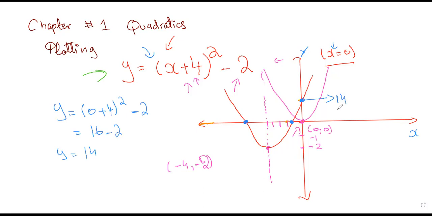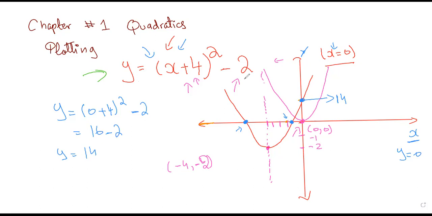This is 14, okay? And when we talk about the other 2 points, this point and this point, this is the x-axis. So if this is the x-axis, we know that at x-axis, y is 0, right? When y is 0, we need to use y equals 0 in this equation.